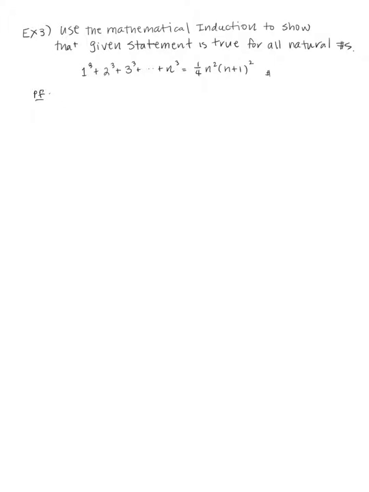Alright, so I'm going to start the proof right here. So step number 1. Is the statement true for n equals 1? Okay, so let's check. When n equals 1, what do we get? Well, n is going to be 1, so the only thing we have left is 1 to the third.